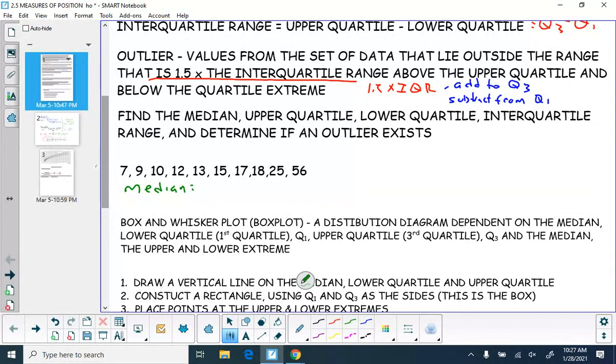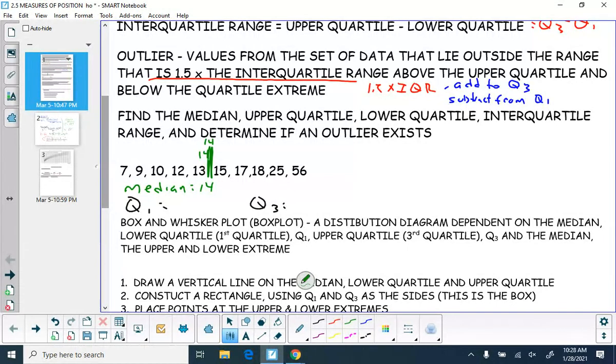Yeah, because if I went here, here, here, here, here, oh, I got two numbers in the middle. So what do I have to do? I have to take the number between them, which is 14. Now the question is, okay, this is my median right here. This is my median at a value of 14.